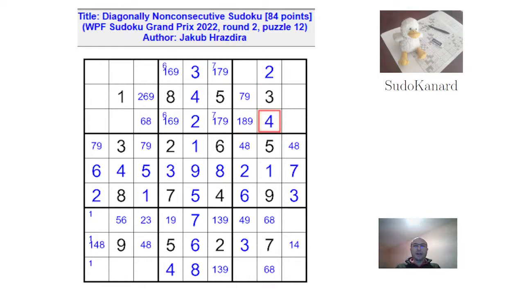Nice. So 6 and 8 here, sorry. 2 is in one of 2 places.